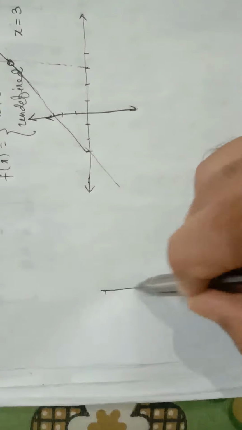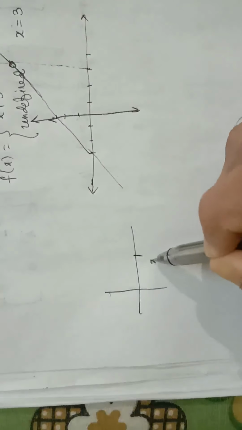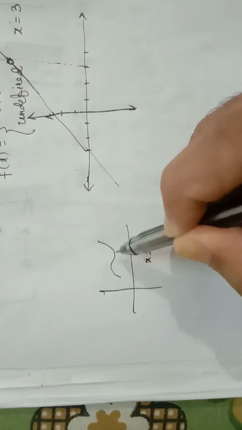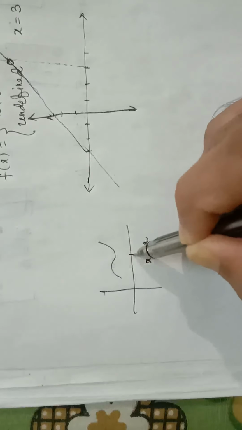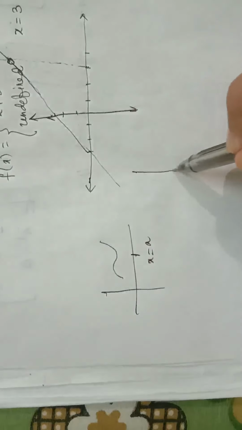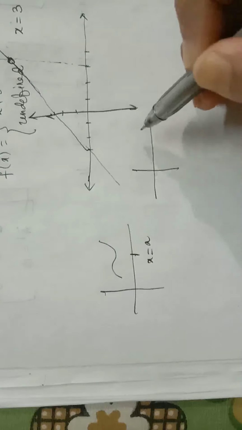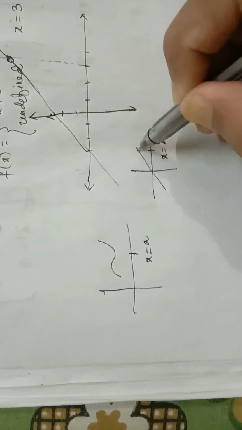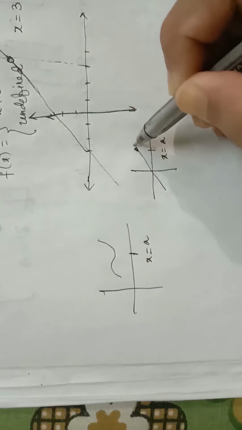Like this, say at x equal to a, the graph of a function is like this, that is, there is no break in the curve. We say at x equal to a, the function is continuous as there is no break in the curve. Suppose the graph of a function is like this.